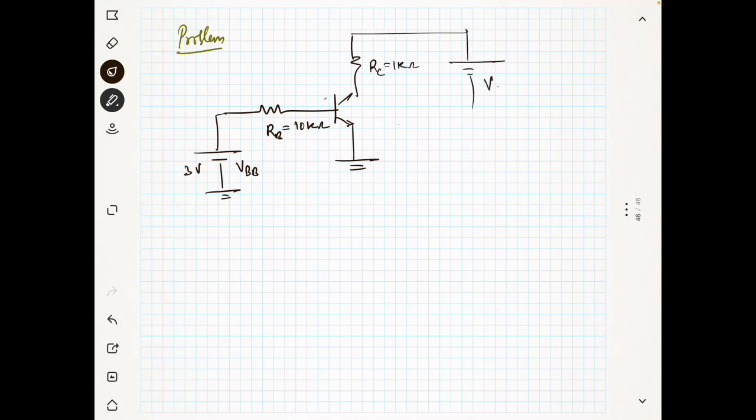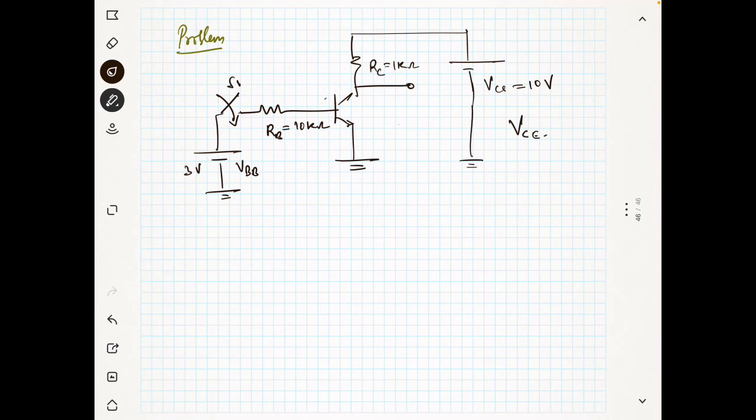RC is equal to 1 kilo ohm, and VCC is equal to 10 volt. Now we will take the output from here, and we have a switch here. This is the switch S.